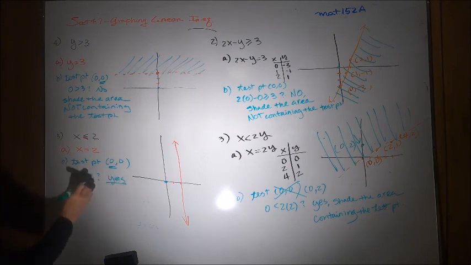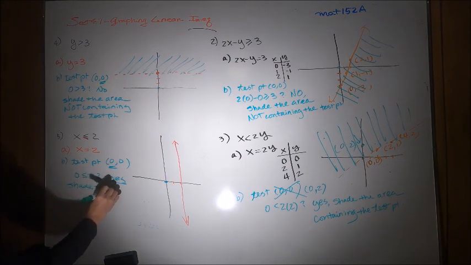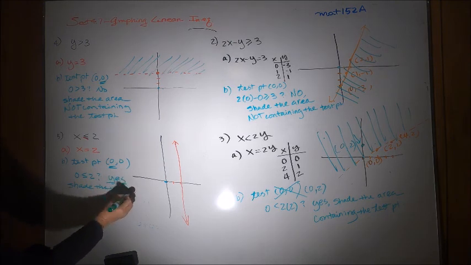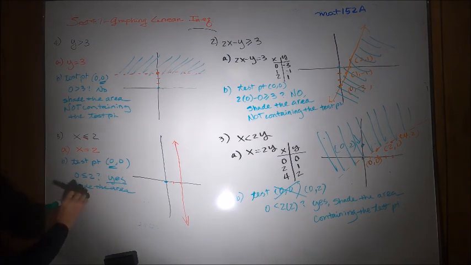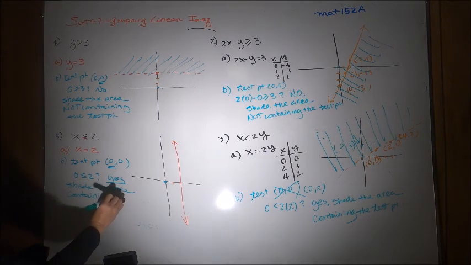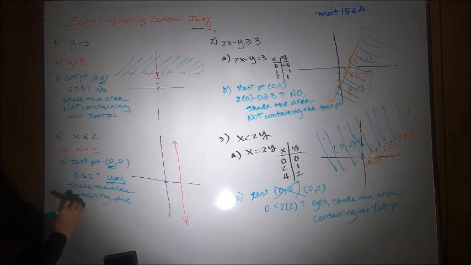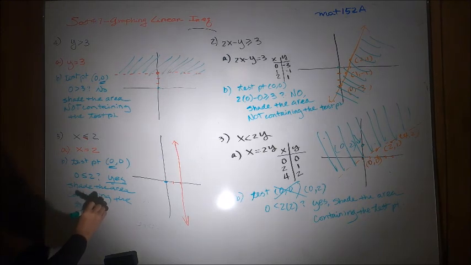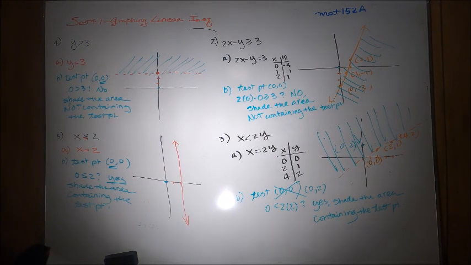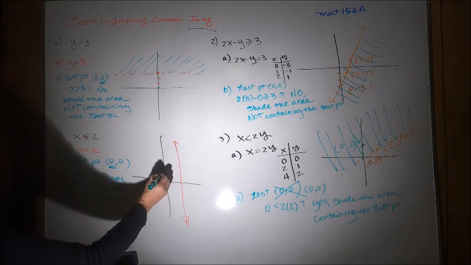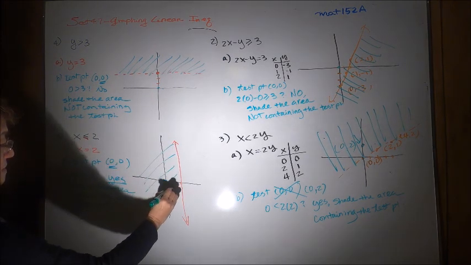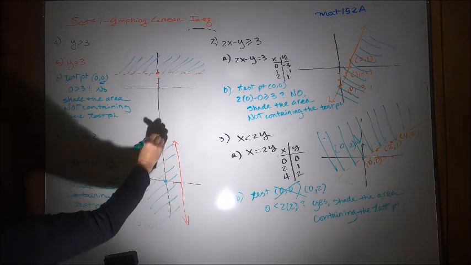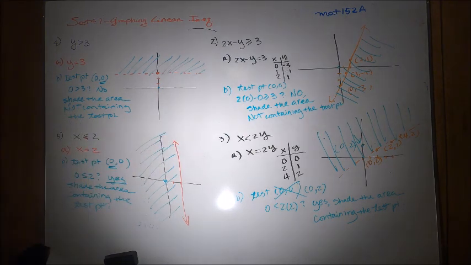So if it's yes, you will shade the area, right, containing the test point. So what do you think? You are going to shade the area left or right containing it, so that would be this area, right?